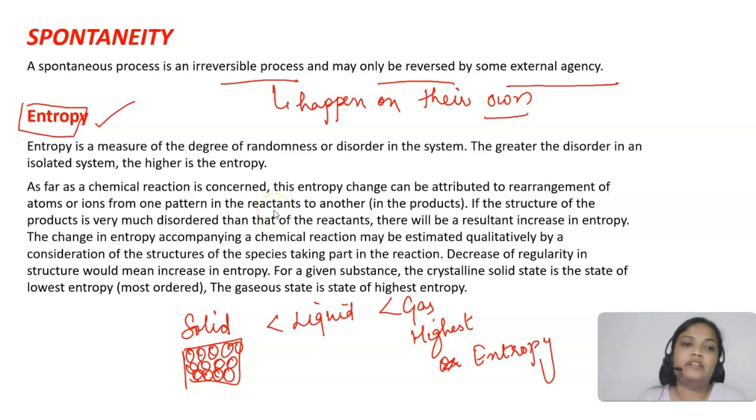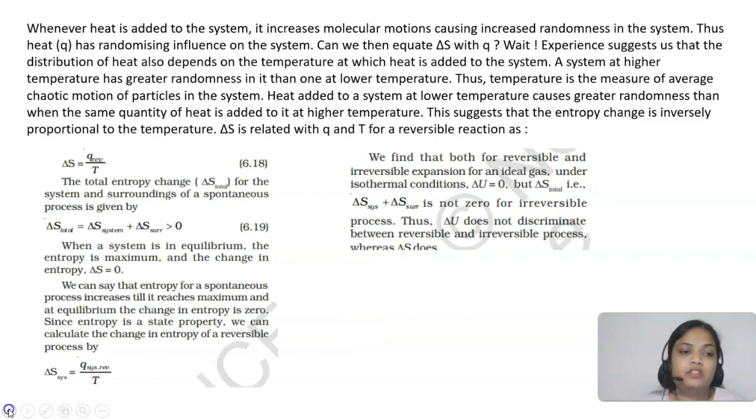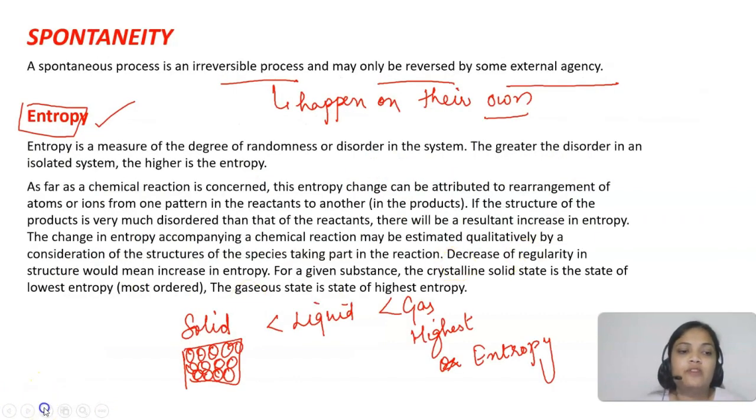So students, if I talk about a chemical reaction, if the products have a much more disordered arrangement than the reactants, we say there will be a resultant increase in entropy; the entropy of the system is increasing.